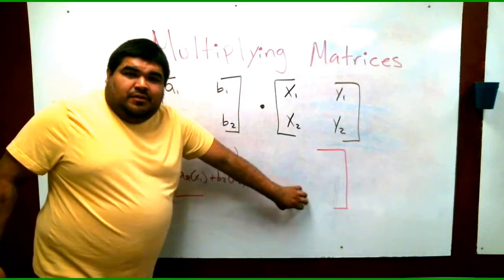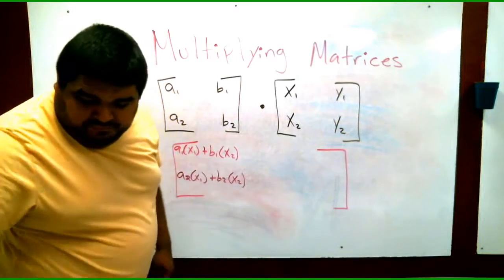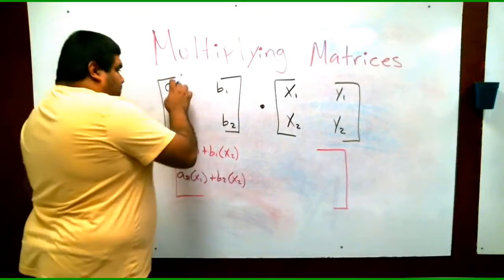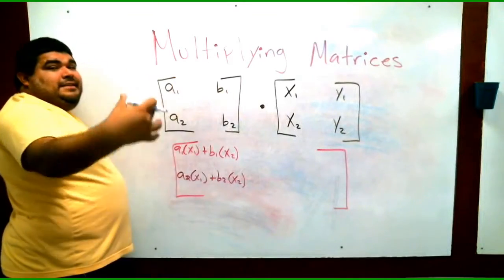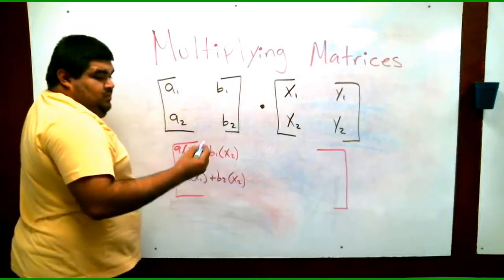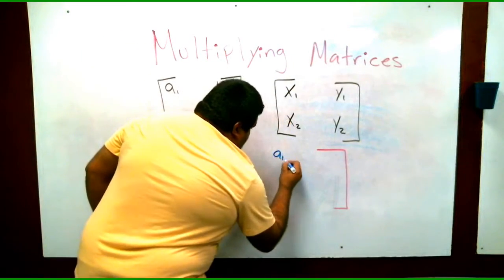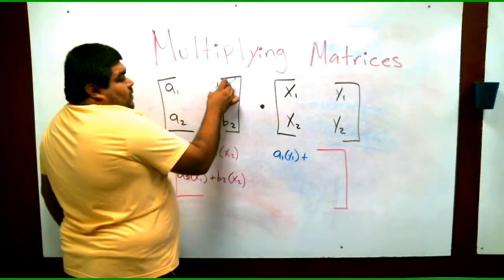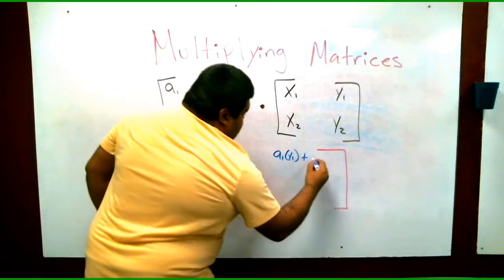Now we're going to do the right side. We're going to go back to the first ones we used, A1, B1. But this time, we're going to multiply A1 times Y1. So we have A1 times Y1 plus B1 times Y2.